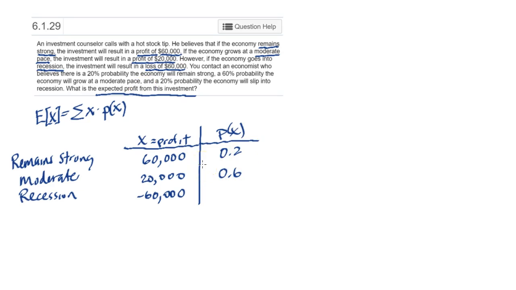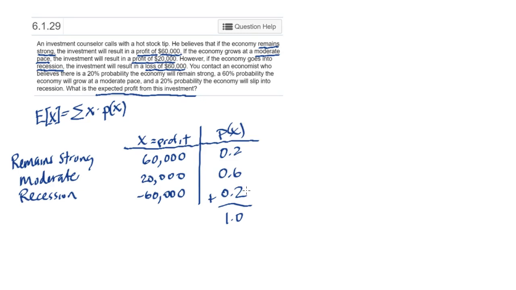And a 20% probability the economy will slip into a recession. Okay, so we built the probability distribution. And it in fact is a probability distribution, since each outcome is in between 0 and 1, 0.2, 0.6, and 0.2. And the sum of the probabilities, if we add them up, is 100%.